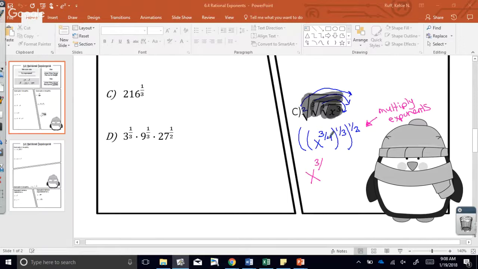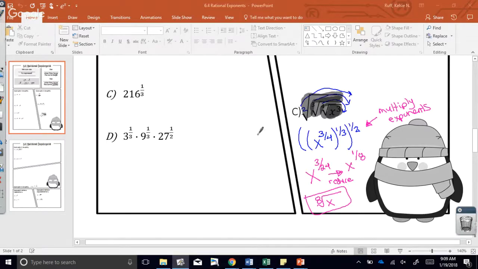Then we multiply the denominators. 4 times 3 is 12, times 2 is 24. And then we're going to see, can we reduce? 3/24 turns into 1/8. And then last, just like the last problem, since we're given the problem in radical form, we put it back in radical form. So the 8 goes back to the index, and the final answer is the 8th root of x.